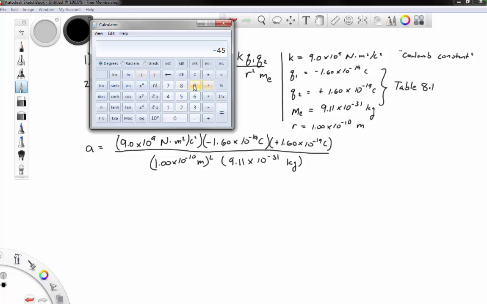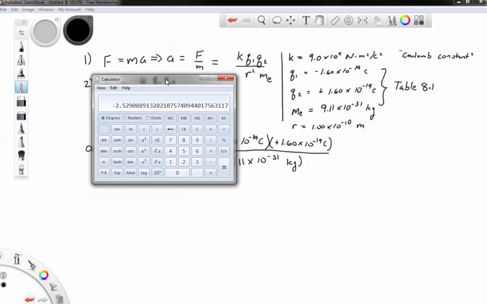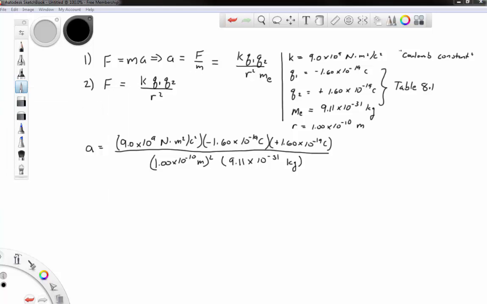So pull open our calculator. We have 9 times 1.6, that was negative, and that's times another 1.6, and that is going to be divided by, and I guess I'll multiply all the numbers down here for you as well, 1 times 1 times 9.11, and so you're going to have minus 2.5291, we'll say.